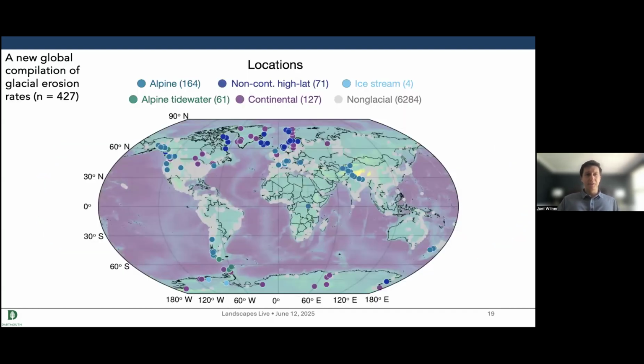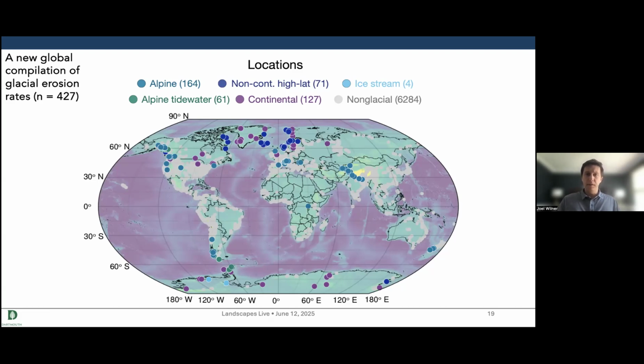Yeah, so this new global compilation of glacial erosion rates includes 427 glacial erosion rates, which is approximately an order of magnitude greater than the next largest previous glacial erosion rate compilation. And it truly spans the globe in a variety of glacial settings that we've here categorized as alpine, alpine tidewater, non-continental, high latitude, continental, and ice stream.